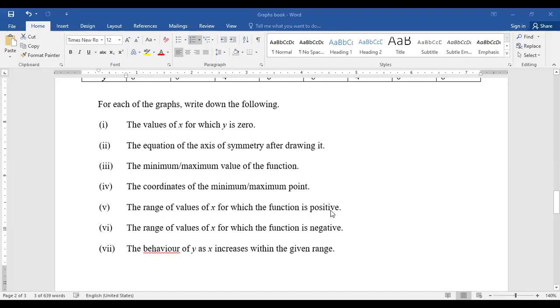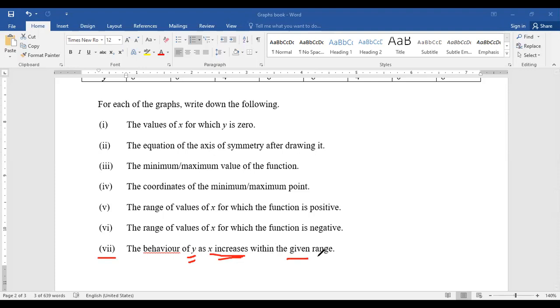Right. Now we'll move to question Roman number 7. That one asks what is the behavior of y when x increases, within the given range.